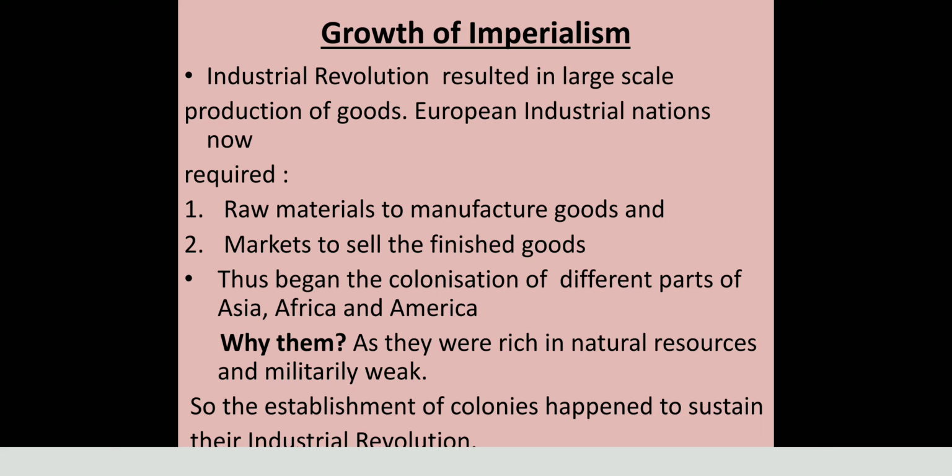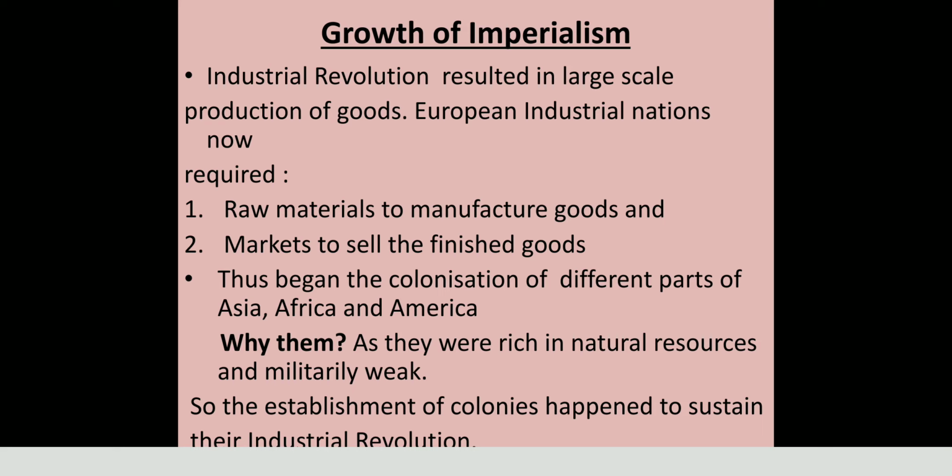Growth of imperialism. Now, why did such a system come up? What were the reasons behind it? As we have already studied about the Industrial Revolution, the factory system comes up, the machines are set up in the factories, which leads to large scale production of goods. Now, therein arises the need for colonies because colonies serve two major purposes.